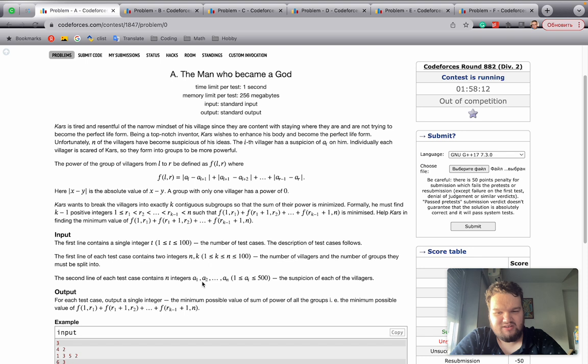But we can make k-1 splits: initially everything is in one segment, but we must split it into k segments, so we add k-1 splits, and each time we do a split, we remove the need to pay for this pair of elements because we put them in different segments.